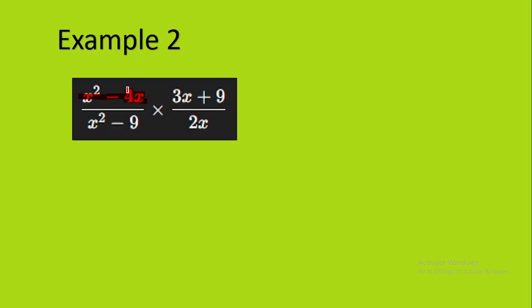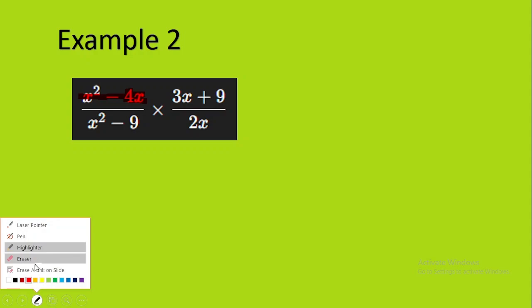So this is not a squared term. Even though the number is a squared number, because the x is just a single x, it is not a squared variable or letter. So it's not considered a squared term, 4x.